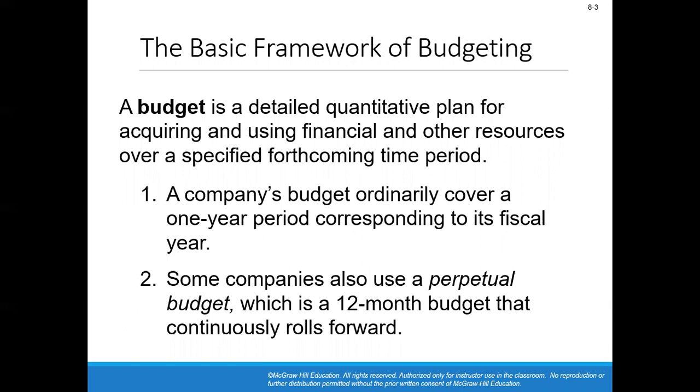Obtaining and utilizing financial resources and other resources, and a budget is prepared for the future, that's why it is forthcoming, and it is for a specific time period. The specific time period is generally a 1 year period, but it can be different from 1 year. It can be any period. What I'm trying to highlight is that it is for the future and for a specific time period.